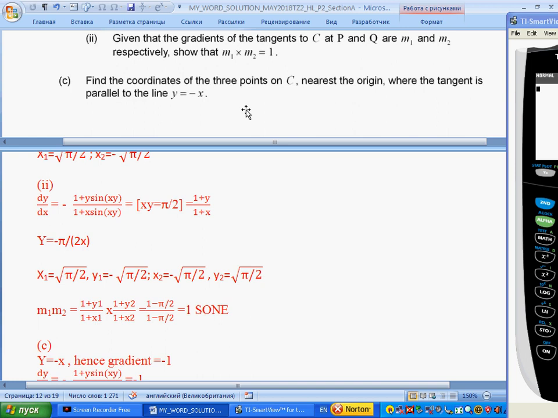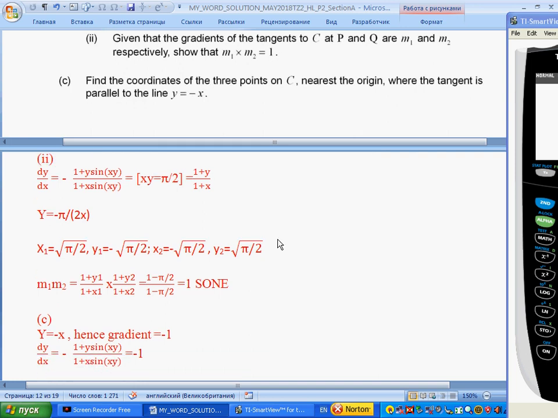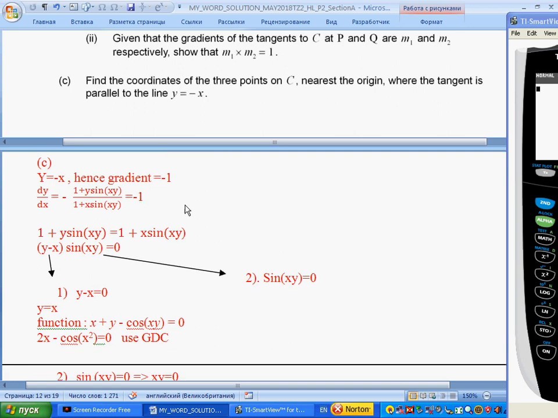Find the coordinates of 3 points on C near the origin where the tangent is parallel to the line y equals minus x. So y equals minus x, hence the gradient equals minus 1. So it means that the derivative equals minus 1, so we have an expression for the derivative.